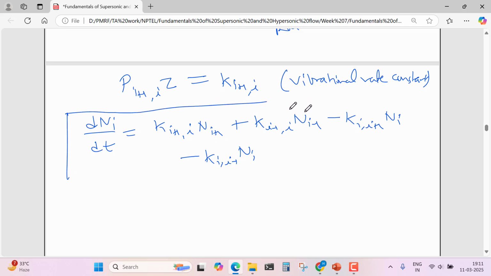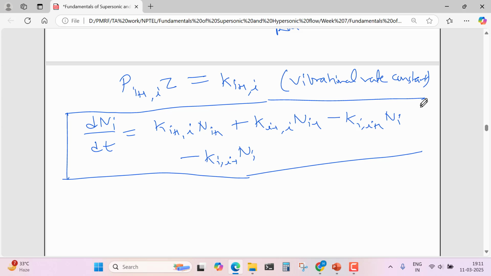This is called the master equation for vibrational relaxation.